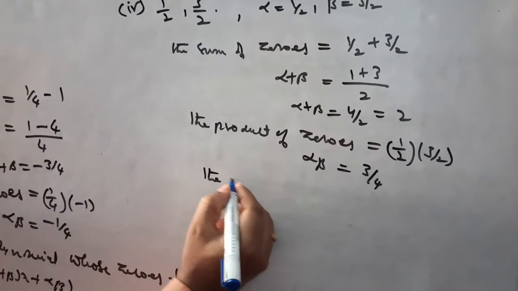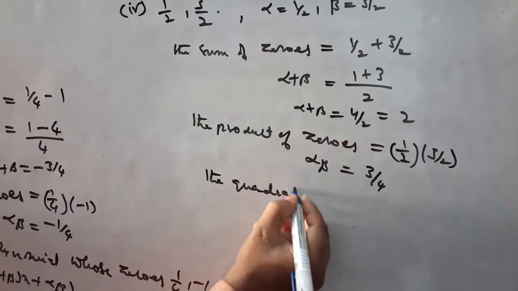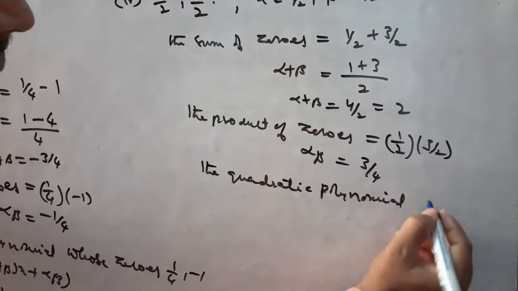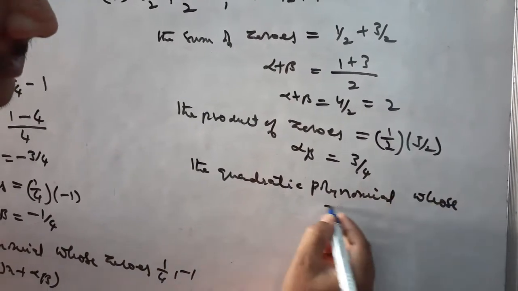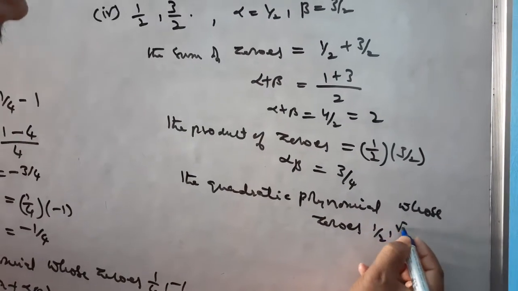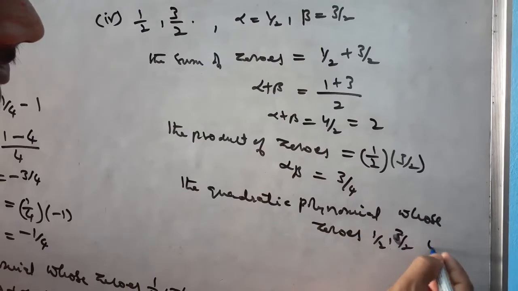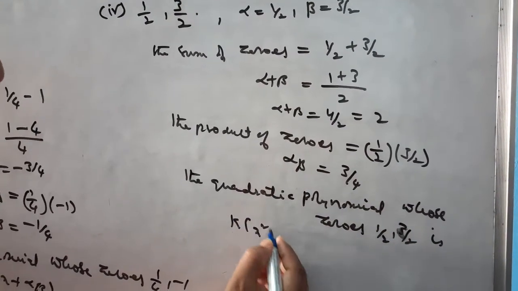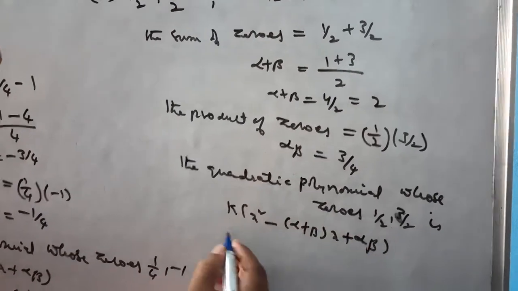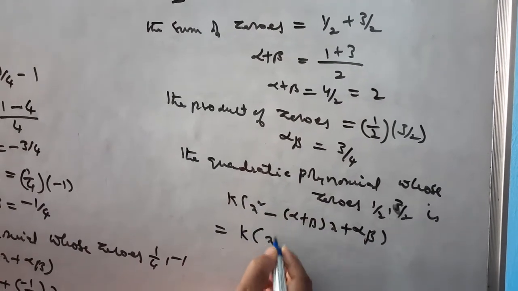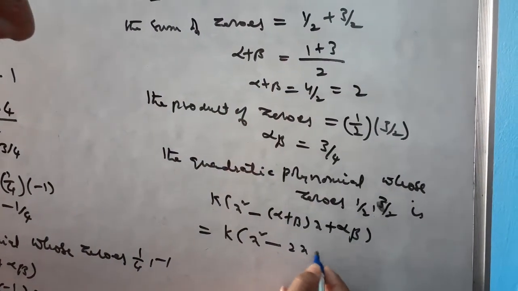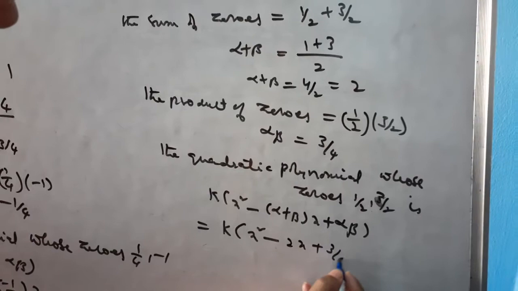So the quadratic polynomial whose zeros 1 by 2 comma 3 by 2 is k into x square minus (alpha plus beta) into x plus alpha beta, that is equal to k into x square minus 2 into x plus 3 by 4.